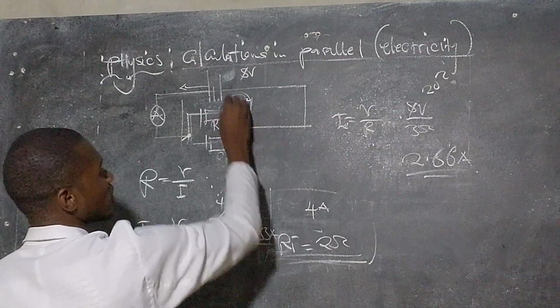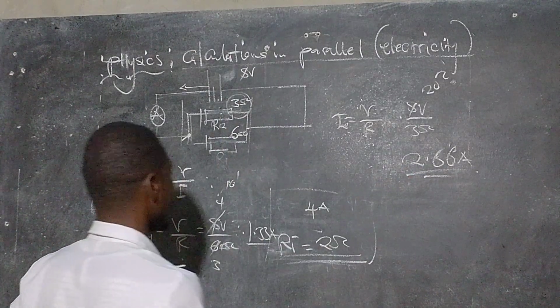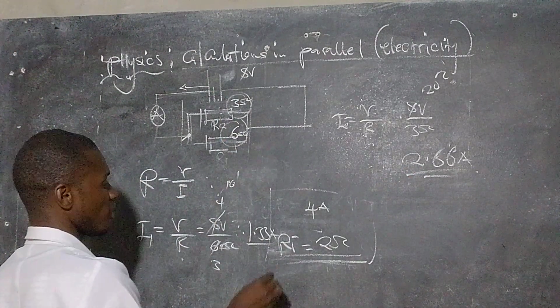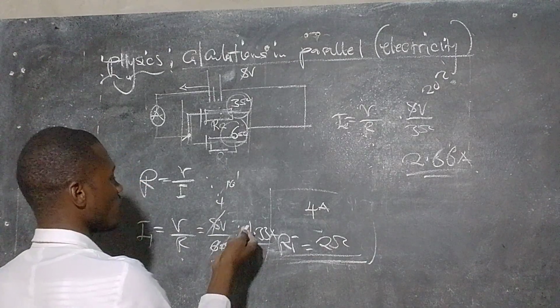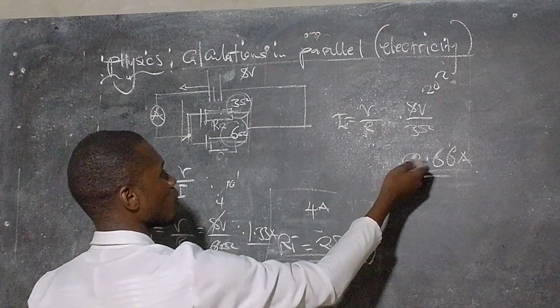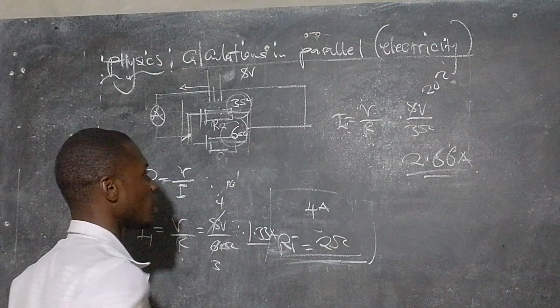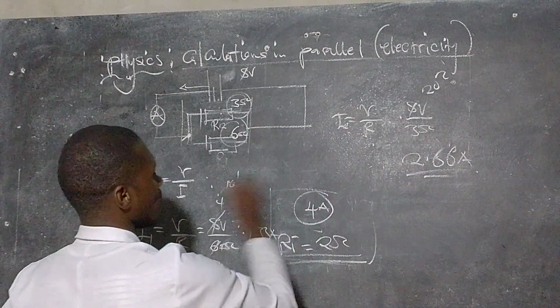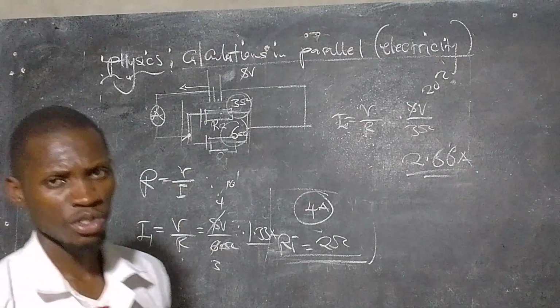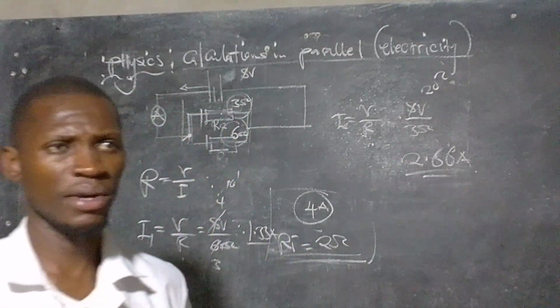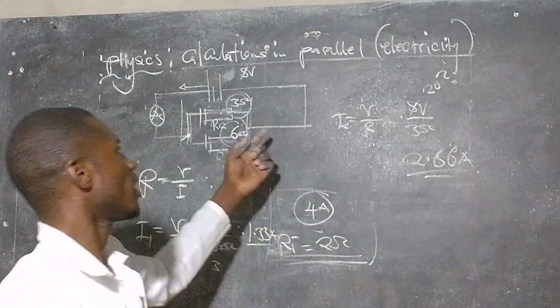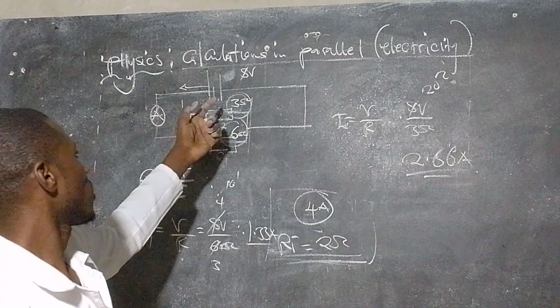So the lower the resistance, the current is higher compared to the high resistance, where the current is lower. So if you add 1.33 plus 2.66, we get 4 amps, which we found. So that is how we find current in parallel.